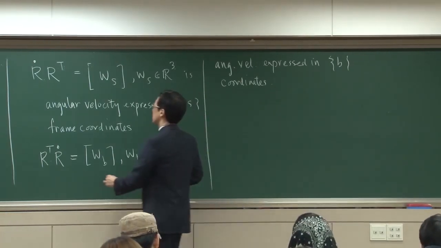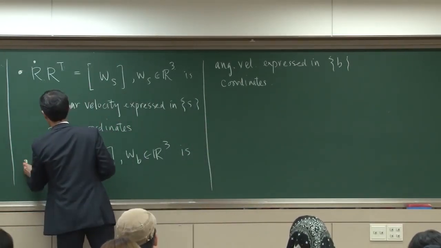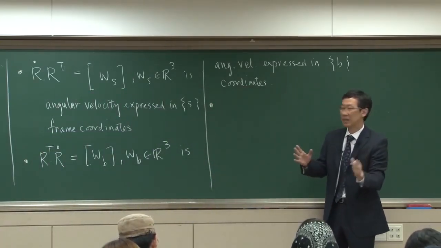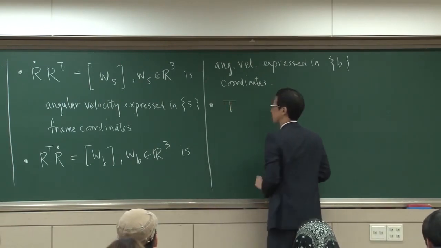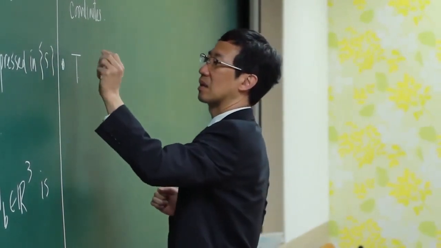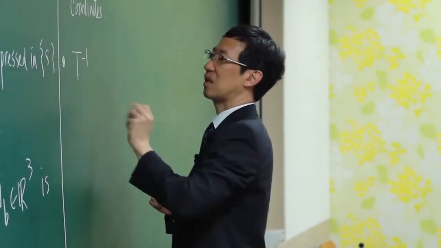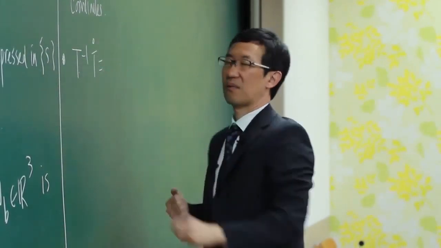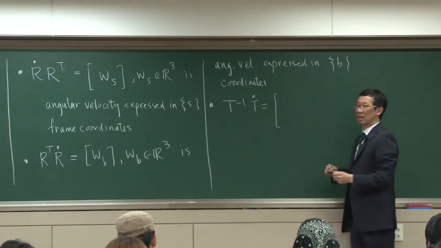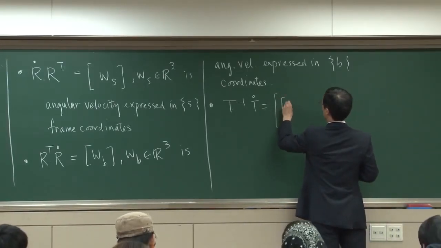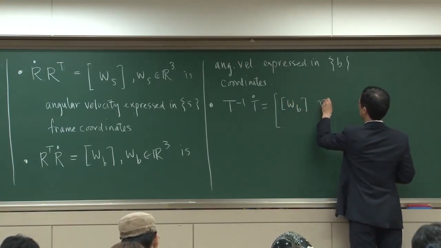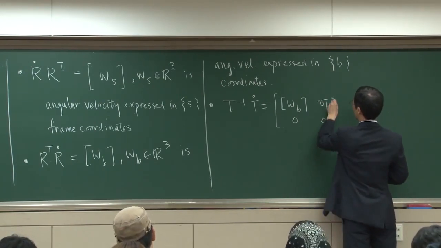A couple more results. Here's the third one. Now, if we take the entire T and take its derivative, actually, let's do T inverse T dot first. If we do that, we get omega b here, v sub b here, and 0, 0 here.